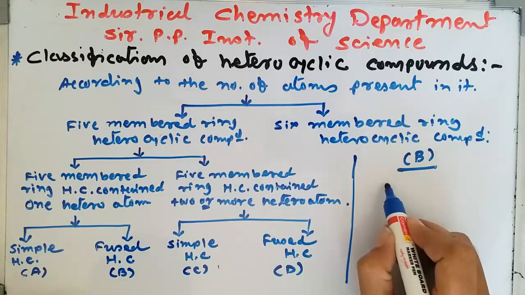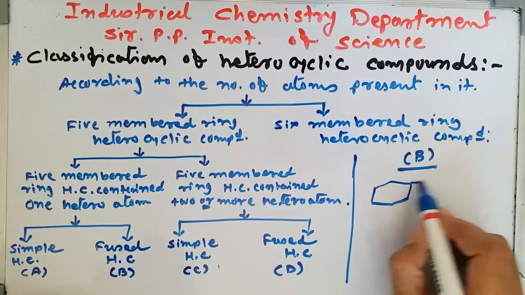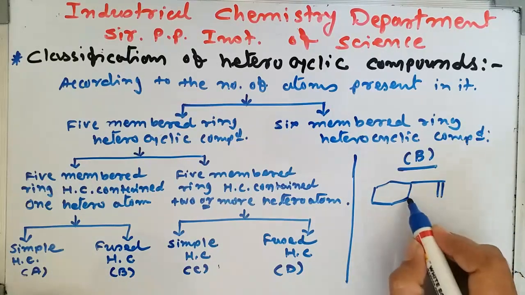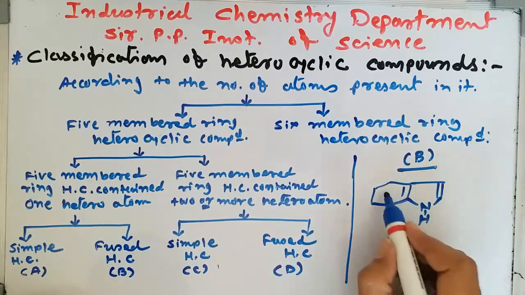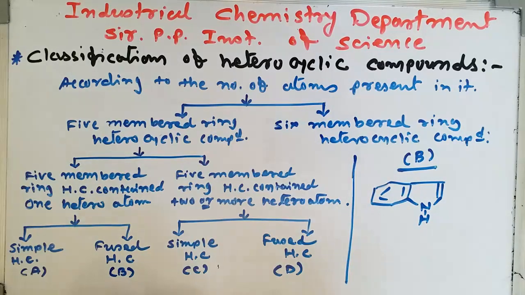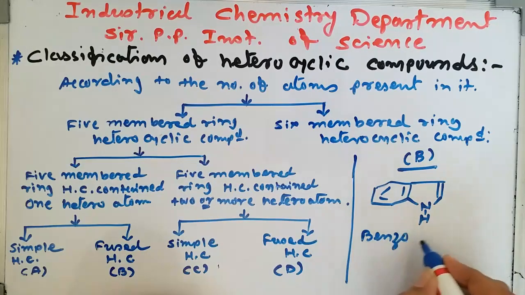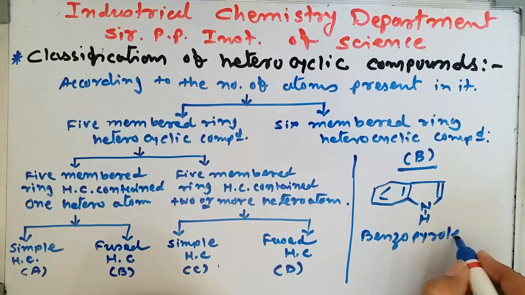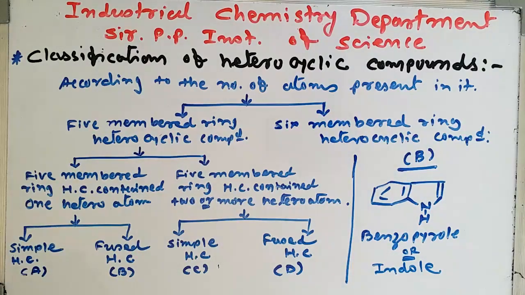As for example, fused system, benzene ring with pyrrole, it is known as benzopyrrole, or its common name is indole.